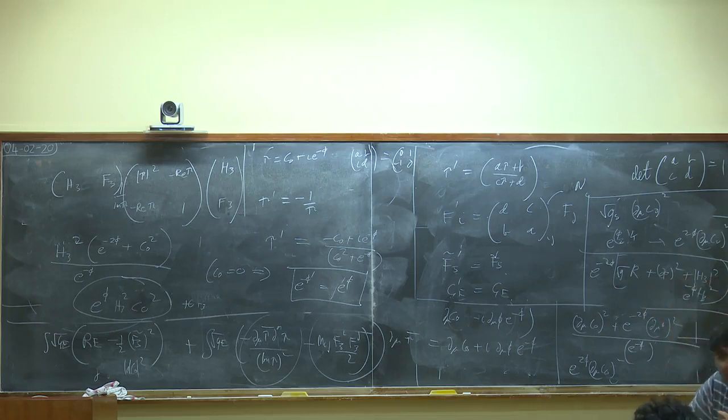What was charged under B mu nu? What object? The 1-brane of type 2B theory was charged under C mu nu. What object in string theory is charged under B mu nu? Come, this we know from lecture number 2. It's the string, right?